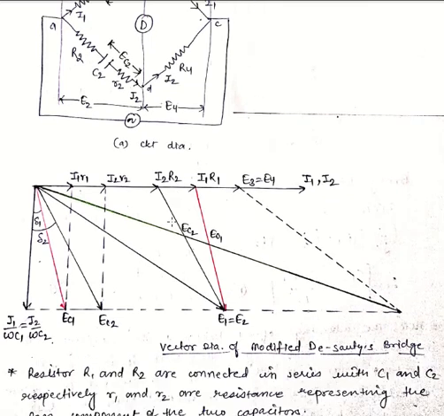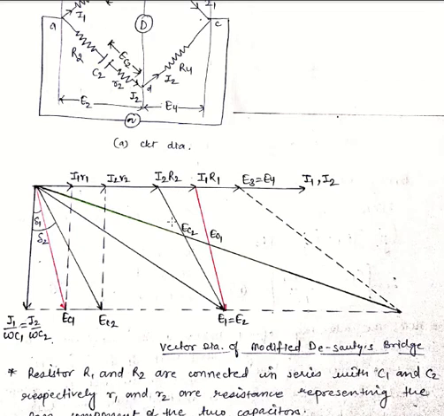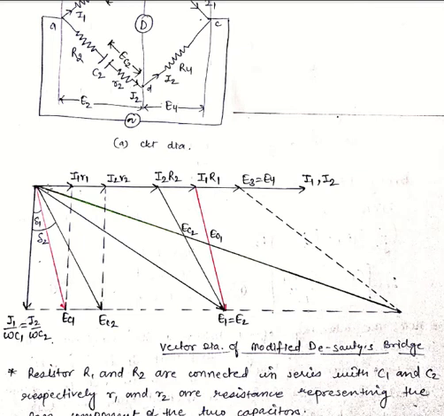Coming to the vector diagram of this, in this vector diagram we have I1 r1, I2 r2, I2 R2 and I1 R1, all in phase with I1 and I2, as we have taken I1 and I2 as reference.